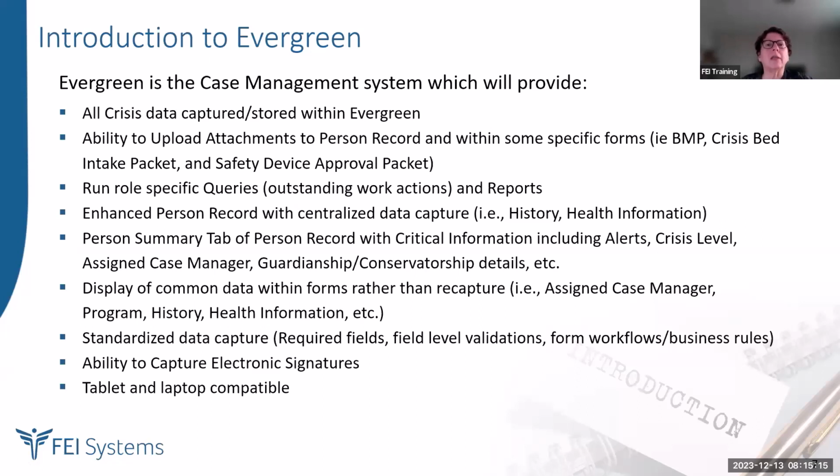This includes alerts about them, crisis level, their assigned case manager, guardianship, conservatorship details, and so much more. You're going to see common data is displayed, and it's captured once. So that's pretty cool. It doesn't have to be done again and again and again.